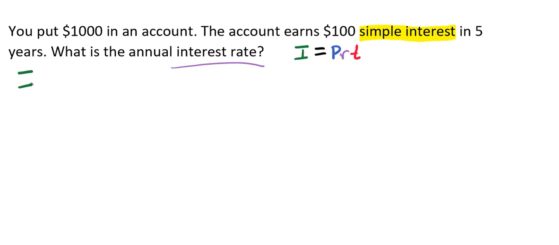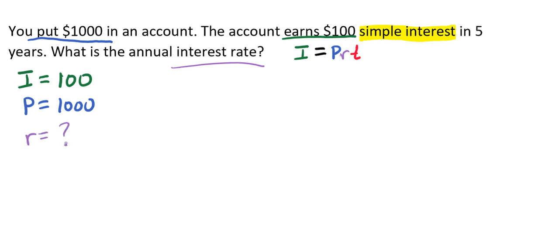So let's find all of our pieces. Our interest is $100 because it tells us that we've earned $100. We also know that the principal amount that we put in was $1,000. We don't know our rate, that's what we're looking for, but we know that our time is 5 years.